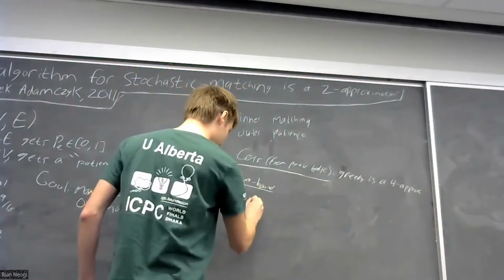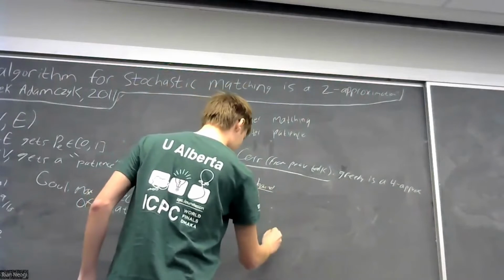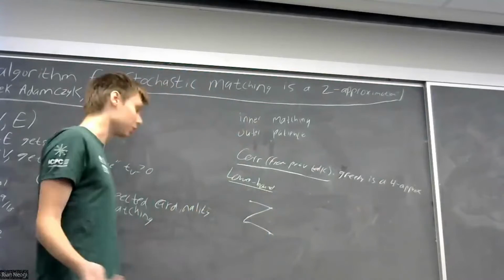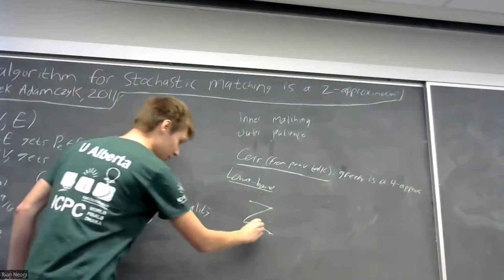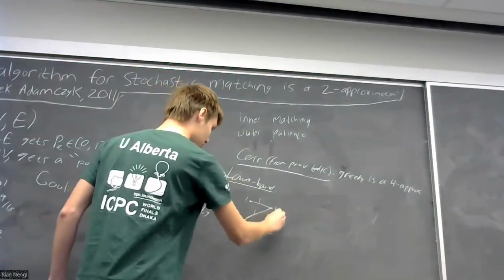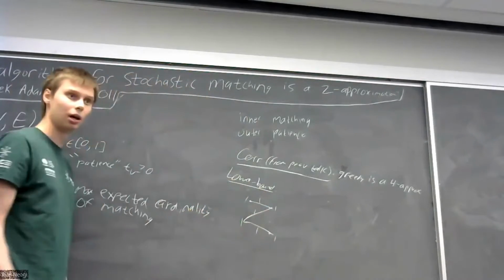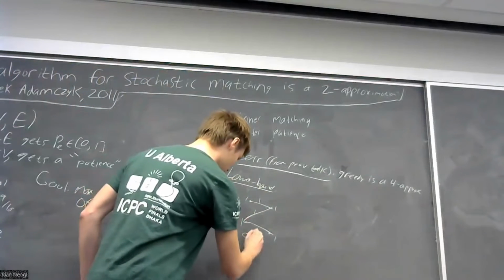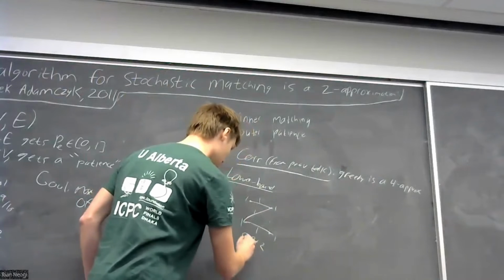If we have a graph like this, and this is not really even a stochastic matching instance, we're going to give each edge a probability of 1 existing, and we can just put patience values of 1 or any number of these. The optimal algorithm is going to select these 2. So opt is 2.